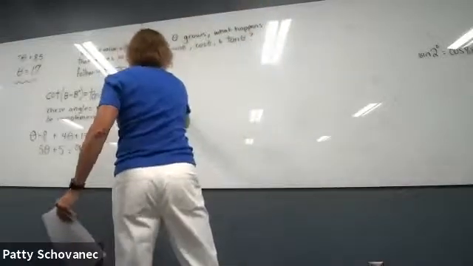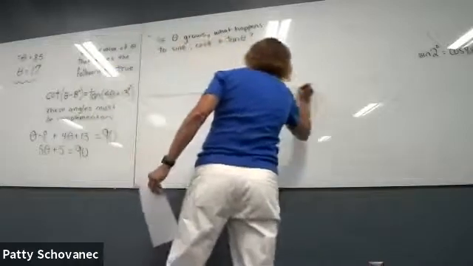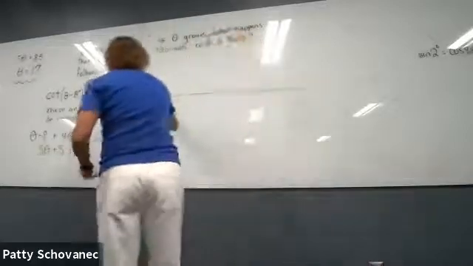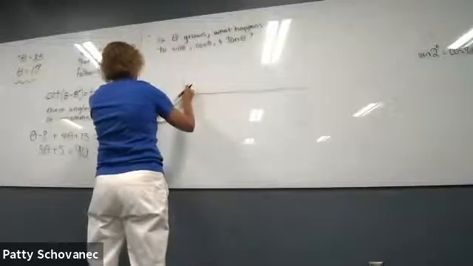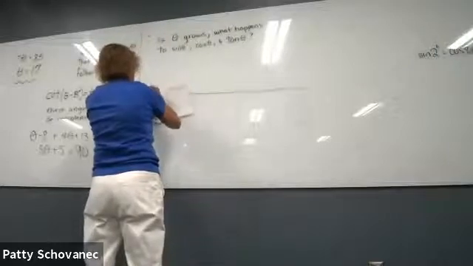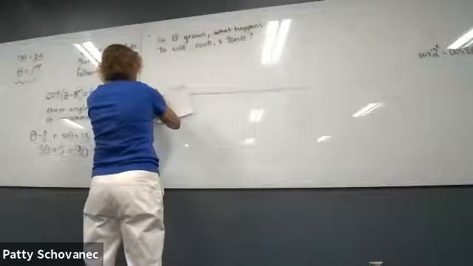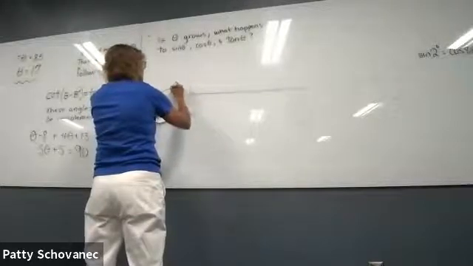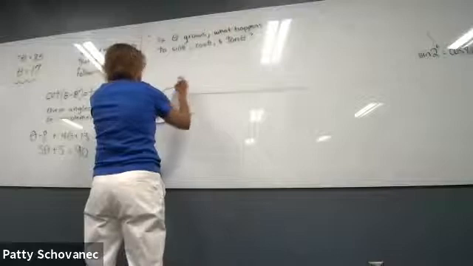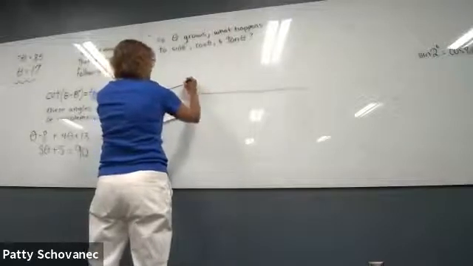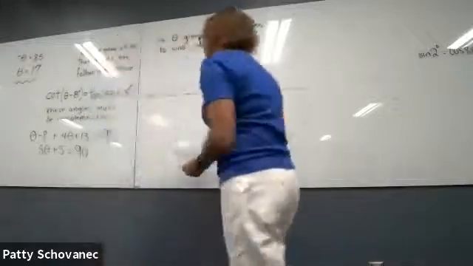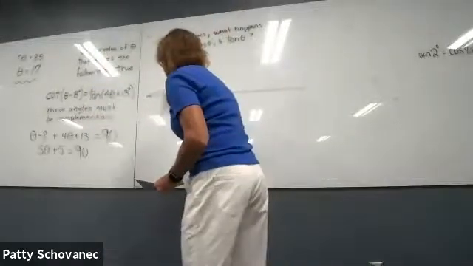So let me put a horizontal line here. Try to keep your hypotenuse the same length. Let's make a relatively small angle with that horizontal line. There's angle theta here.